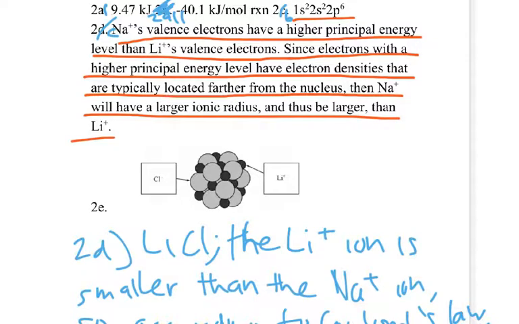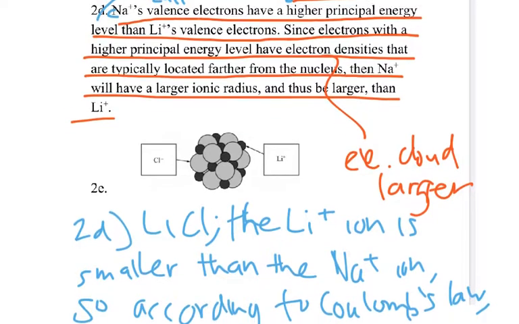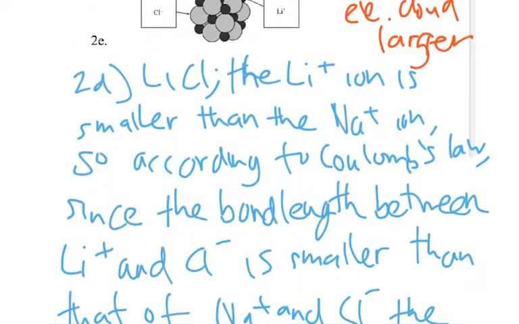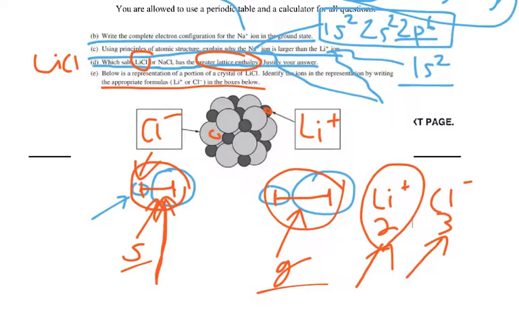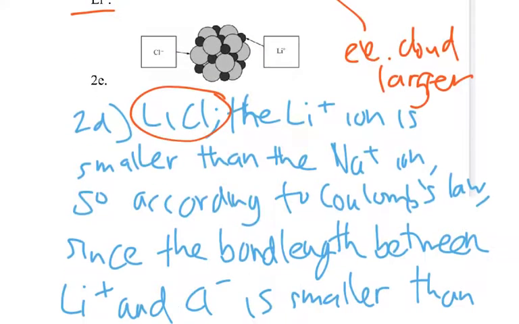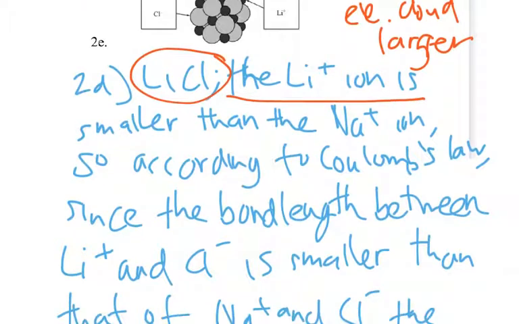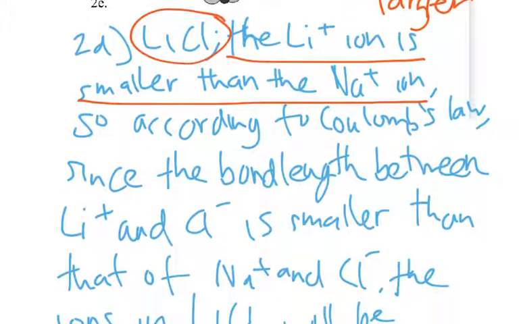So instead of saying electron density, you could have said maybe an electron cloud that was larger. Yeah, that works too. And for 2D, I wrote a long explanation. I said lithium chloride has the larger lattice enthalpy. The lithium plus ion is smaller than the sodium plus ion.